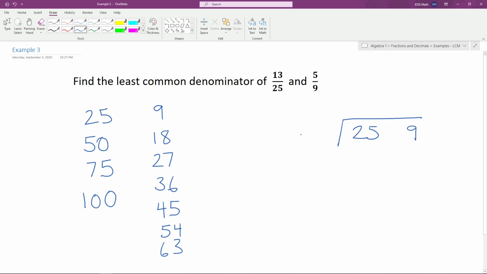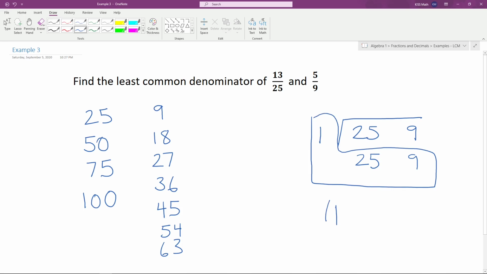And you would go through all the numbers and realize there's not a number that would go into both of these evenly except 1. So 1 would go into 25 times, same thing with 9. And since you're left with the same numbers, there's nowhere else to go. You're done. So your L would look like that.